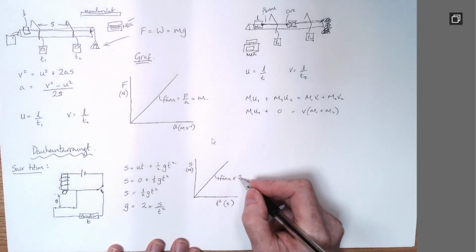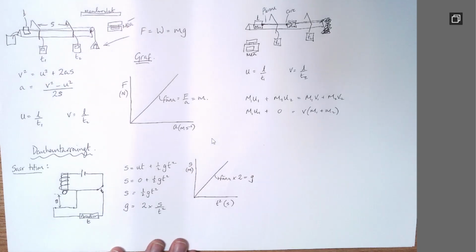So we take the gradient times two, and that's how we calculate the gravity.